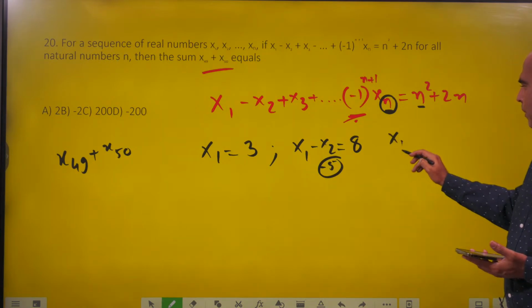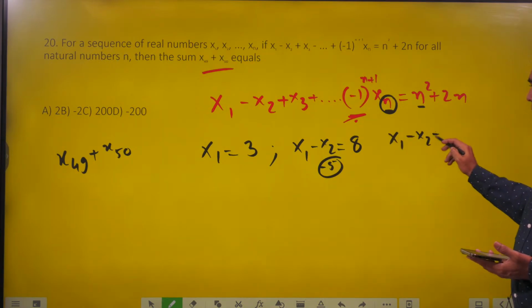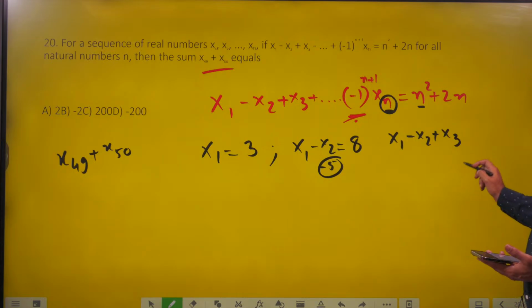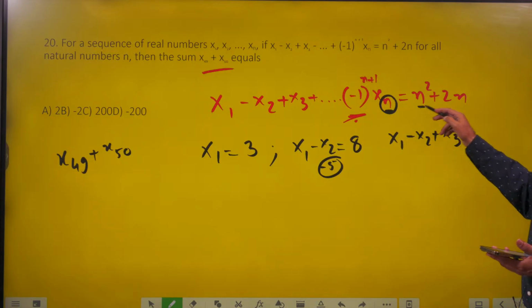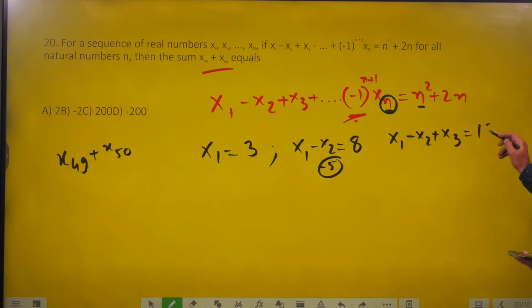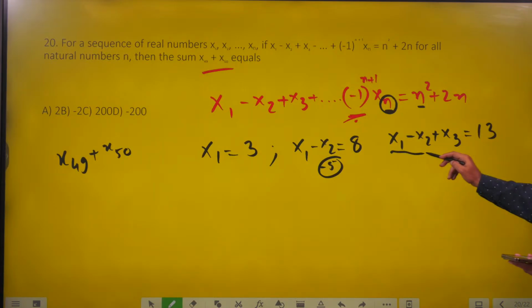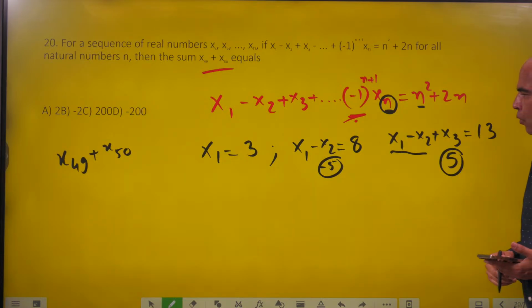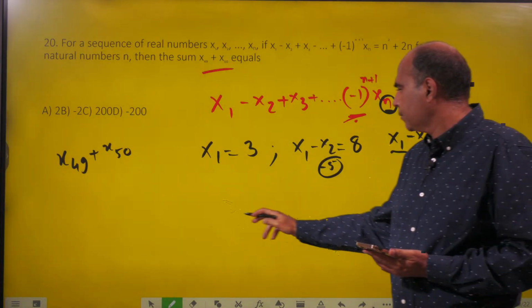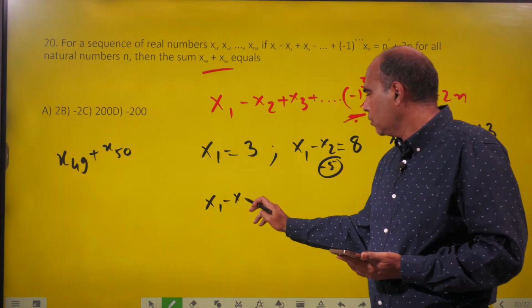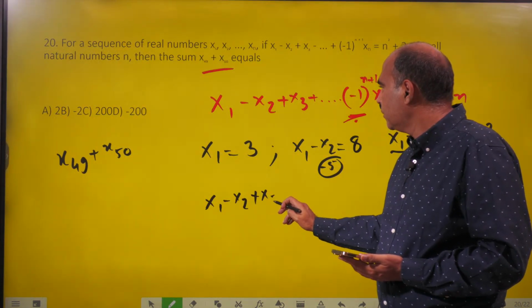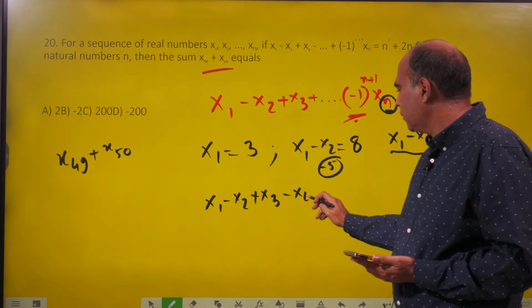If I go to the next expression, x1 minus x2 plus x3, with n equal to 3, this formula again applying is 13, and because this is 8, it tells me that the value of x3 is 5. Then I go to x4, x1 minus x2 plus x3 minus x4.